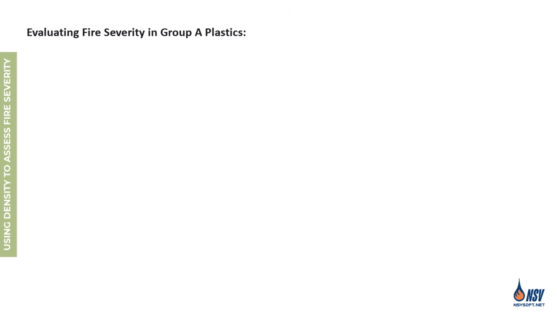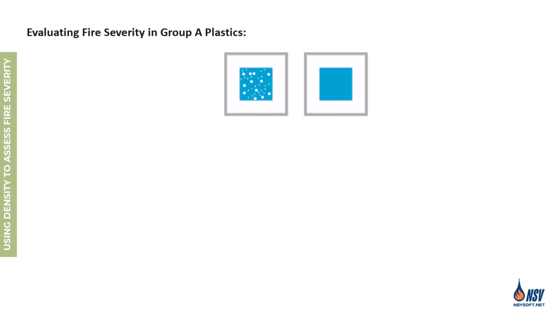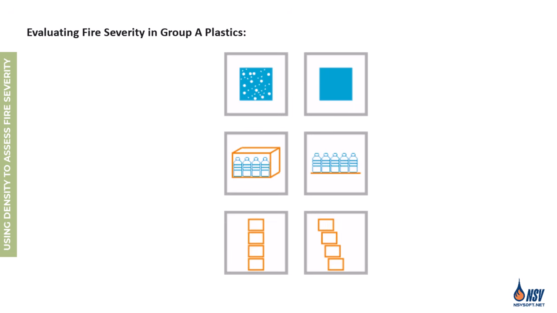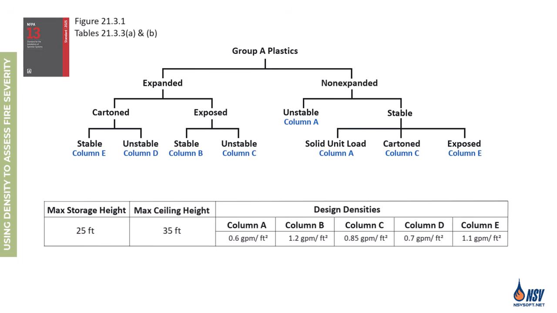For example, if we want to determine which type of Group A plastic, expanded or unexpanded, cartoned or exposed, stable or unstable, creates a more severe fire hazard when stored palletized, we can simply refer to the decision tree and related tables in Chapter 21 of NFPA 13. Based on this evaluation, expanded, exposed, stable plastics represent a higher hazard classification, as they require a greater design density for effective fire control.